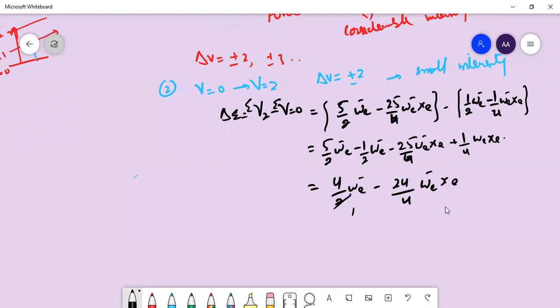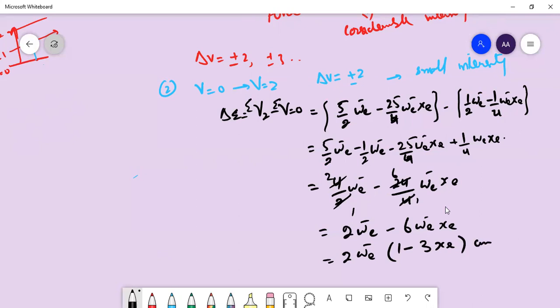If I cancel, 2 twos are 4, and 4 sixes are 24 divided by 4, which is 6. So what I will get here is 2 omega e bar minus 6 omega e bar xe. I can take 2 omega e bar as common, and what will remain here is 1 minus 3 xe, in centimeter inverse.